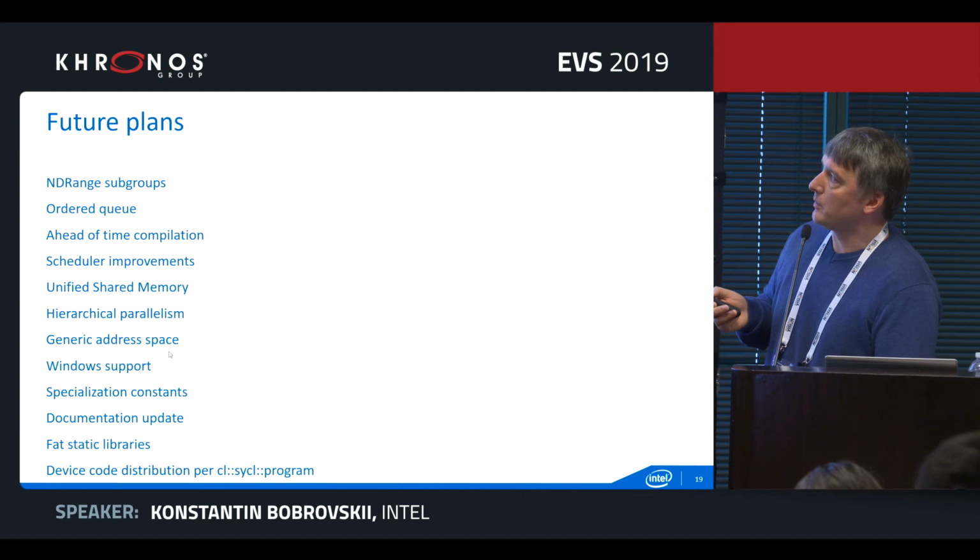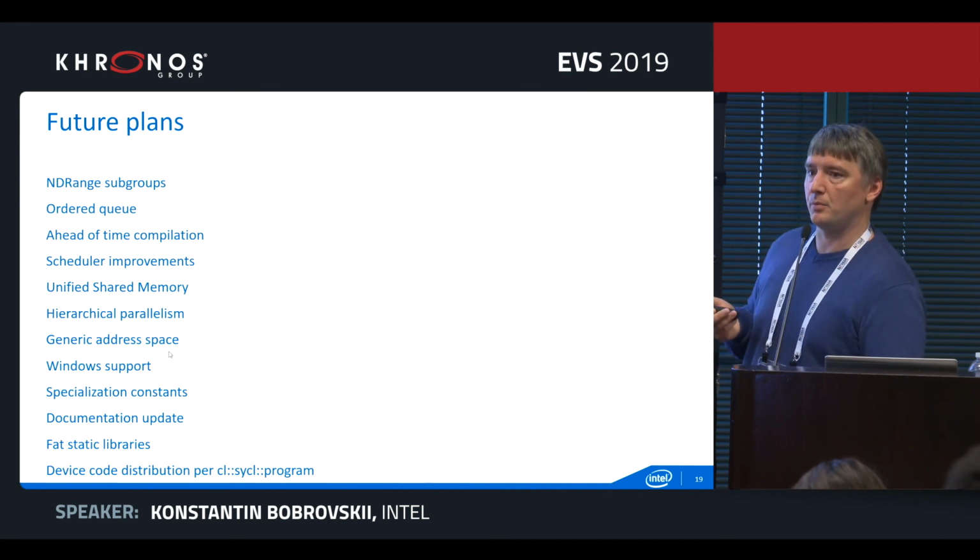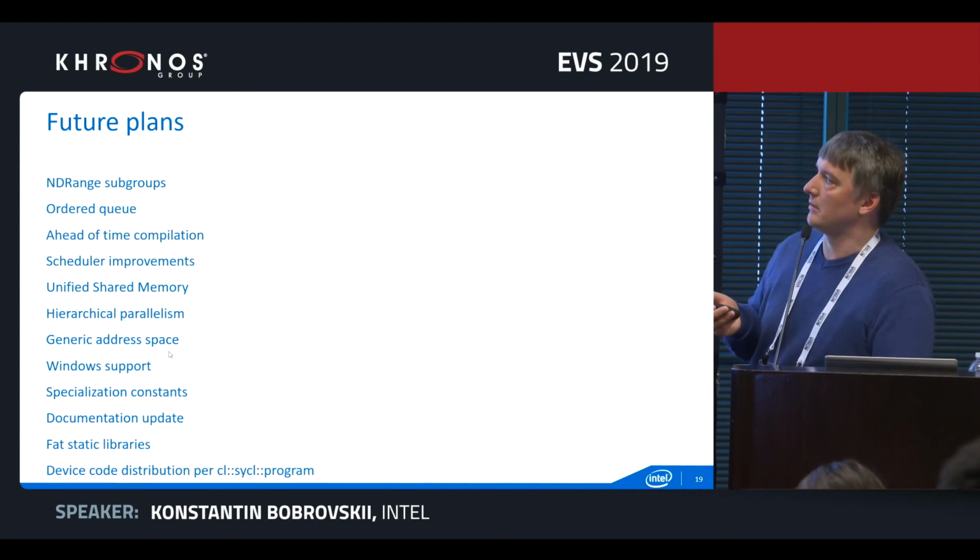Ordered queue, which I already mentioned, ahead of time compilation, scheduler improvements. Basically, currently the scheduler sometimes creates unnecessary data copies, which could be avoided. But yeah, we're working to improve that.